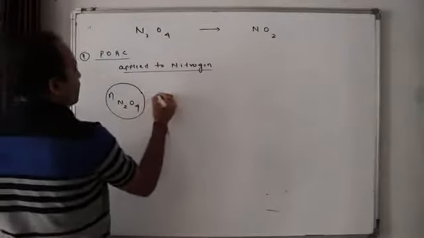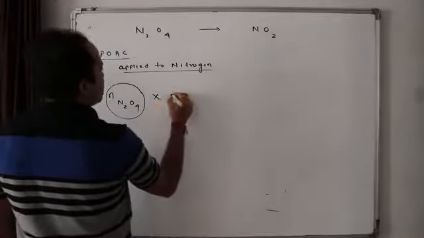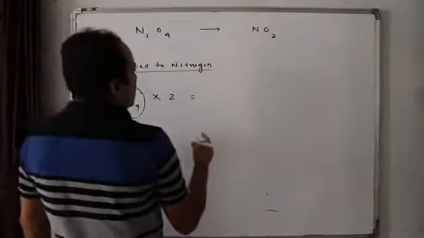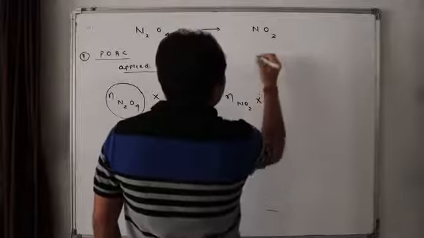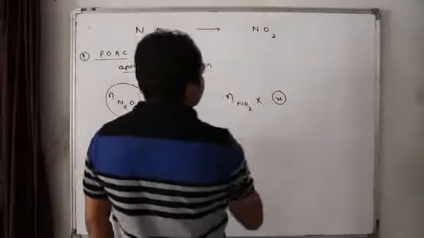Number of moles of N2O4 into how many nitrogen? 2, is equal to number of moles of NO2 into what? I don't know. Let it be X.